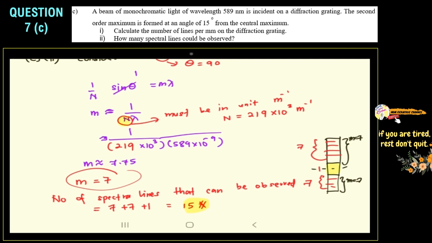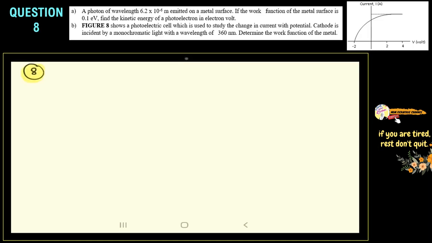So let's proceed to question number 8. Okay, question number 8. So here we have a photon of wavelength. So this is the wavelength of the photon given 6.2 exponent negative 6 meter. Okay, where the photon is emitted on a metal surface. Okay, so given that the work function of that metal surface, okay, ingat chapter ni.